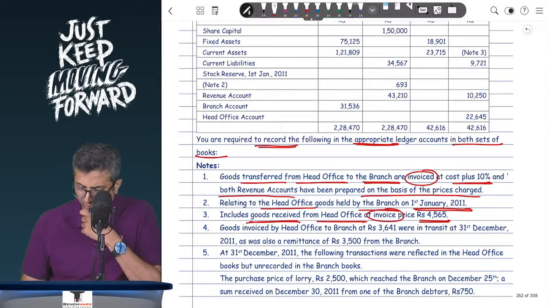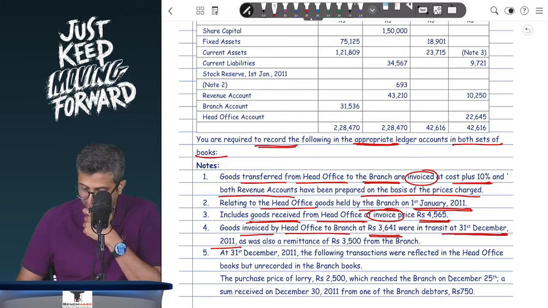So on 4565, maybe there will be a stock reserve: 4565 divided by 110 into 10, maybe 415. Goods invoiced by head office to branch of 3641 were in transit on 31st December 11, and also a remittance of 3500 from the branch.